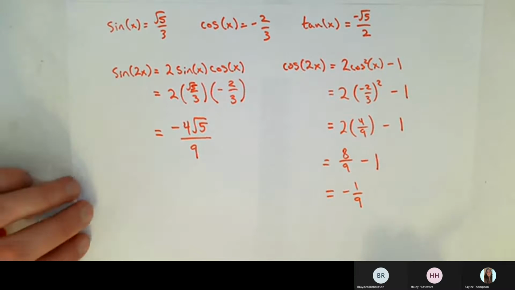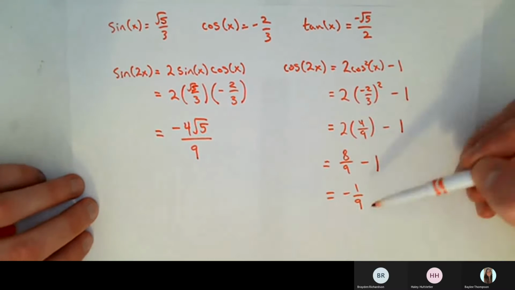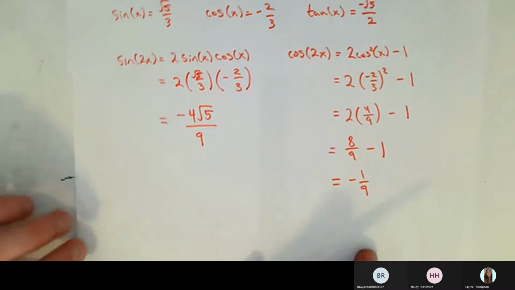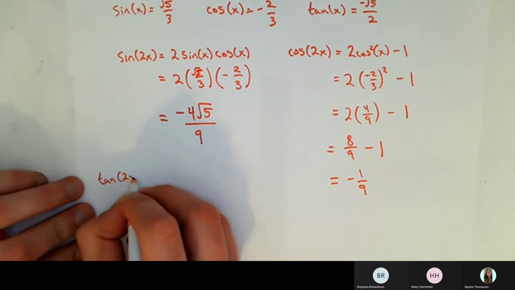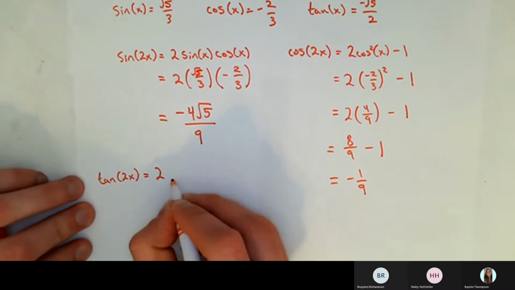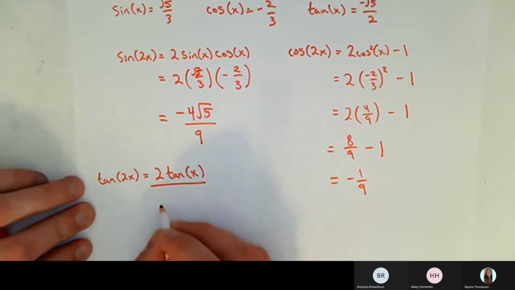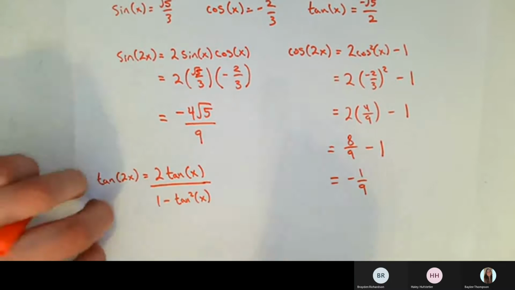Good. Okay. So I encourage you to try a different form of the cosine formula and make sure you can replicate that answer. Okay, now tangent of 2x is twice of tangent of x all over 1 minus tangent squared x.